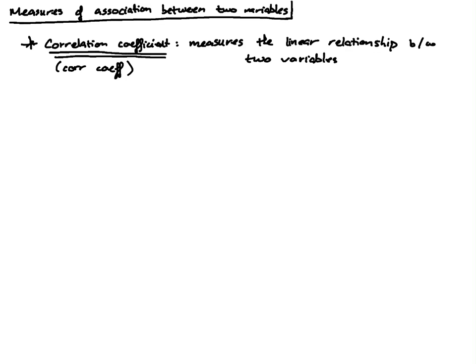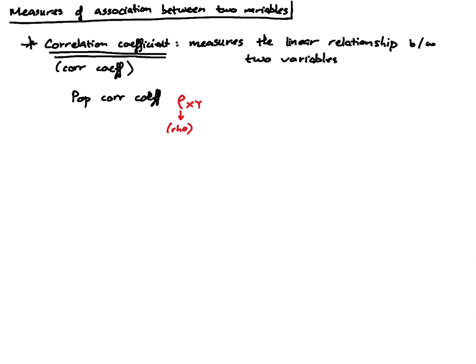So how do we compute the correlation coefficient? Suppose we have population data, then we can compute the population correlation coefficient, which is denoted by the Greek letter rho xy.